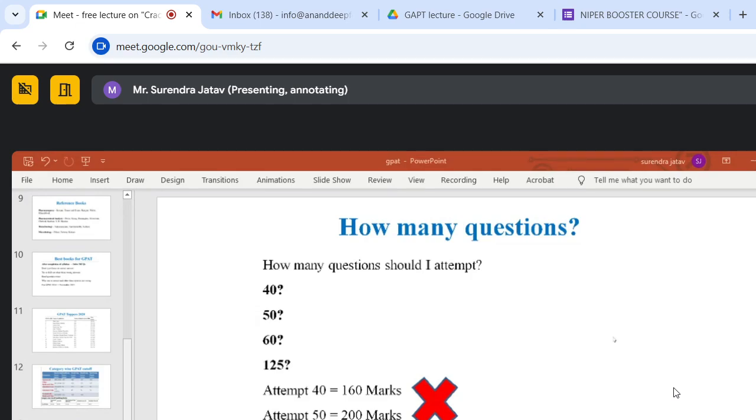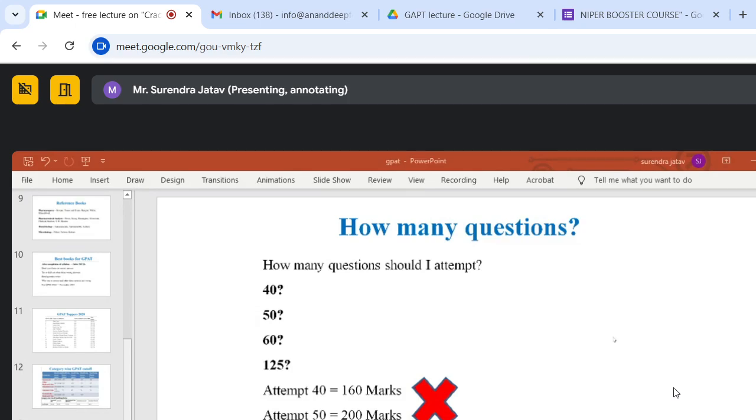So what strategy will you make just to qualify? Actually, according to me, above 200 marks is good for me. Okay, just qualified. Then can you tell me how many questions you need to attempt to get 200 marks? How many questions do you need to attend correctly? Correctly, I have to attempt 50 questions. 50.